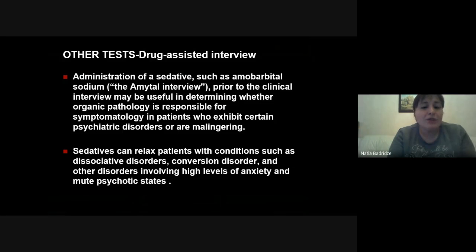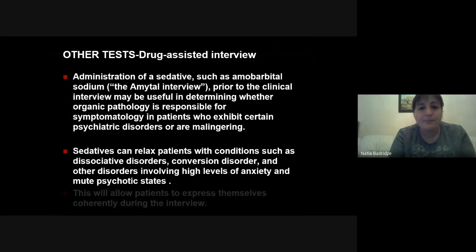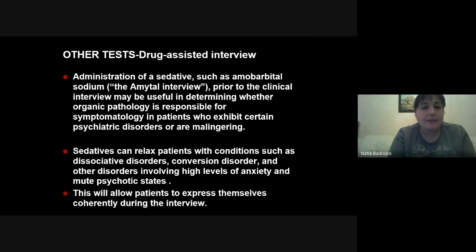Also, we may use sedatives to relax patients with conditions such as dissociative disorders, conversion disorders, or patients with a high level of anxiety, to mute the psychotic states. These sedative tests allow patients to express themselves more coherently during the interview.